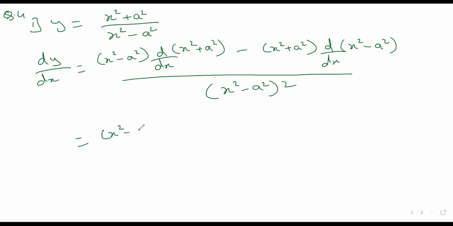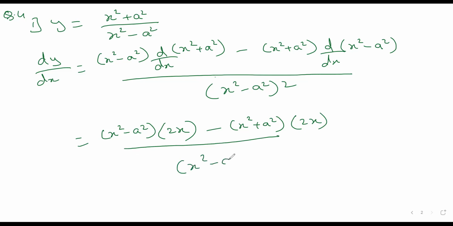This is x square minus a square. X square का derivative yields 2x and a square, a is constant, a square is constant, minus x square plus a square. X square का derivative है 2x and a square is constant. This will become x square minus a square bracket square.